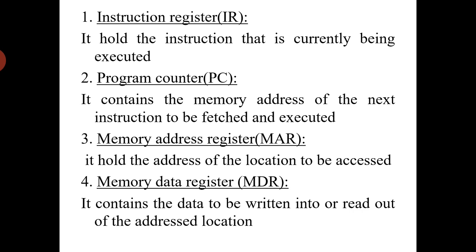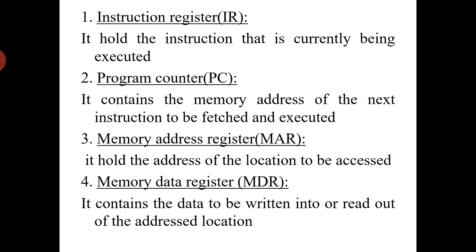Okay, and the second register is the program counter, PC. The program counter contains the memory address of the next instruction to be fetched and executed. The instruction register holds the instruction that is currently being executed.